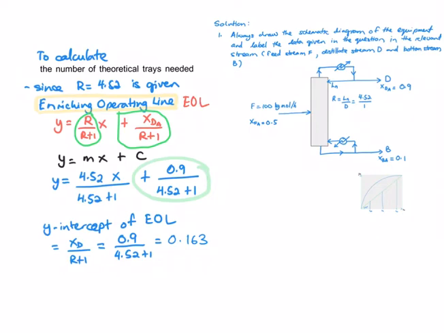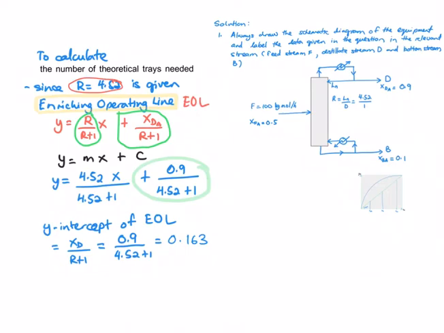Remember, each time you are given the reflux ratio value, you have to relate this value with the EOL, because in the EOL equation you have the reflux value to be inserted into the equation. Since your R is 4.52, you just substitute the value of R in the EOL equation.